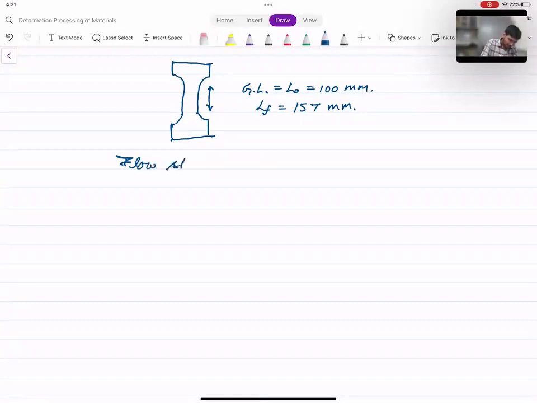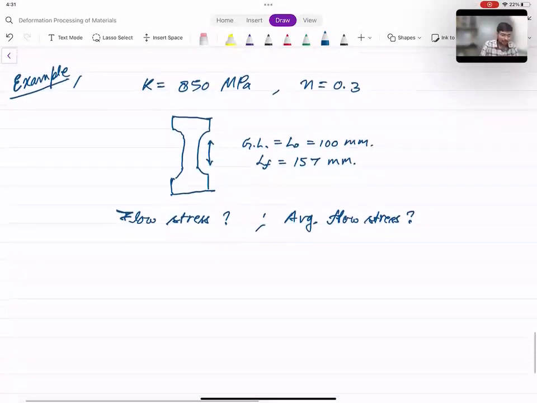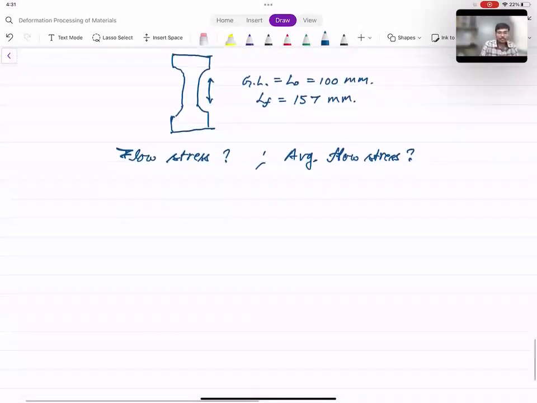Flow stress and average flow stress. So how should we approach now? We need to calculate the true strain first, and then we'll use the relations we had seen earlier.